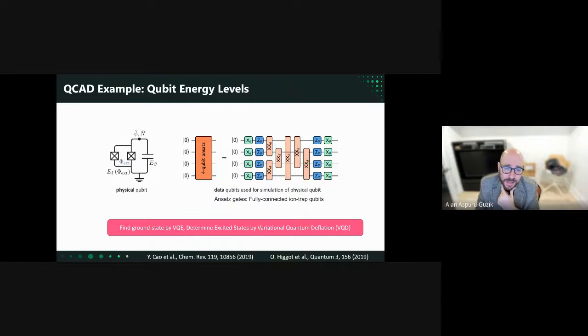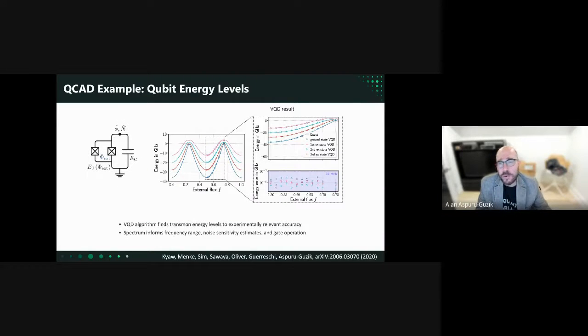So you can find the ground state by VQE, and determine excited states by variational quantum deflation. And if, for example, your goal was to get the spectrum of this particular flux qubit, you will scan, for example, the external flux and look at these avoided crossings and so on.